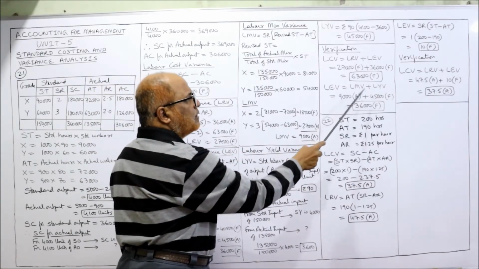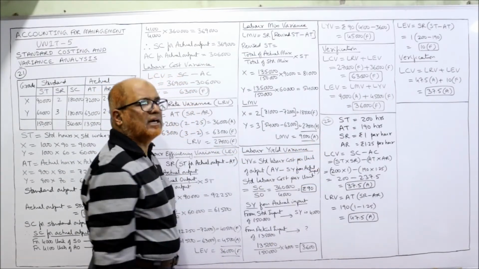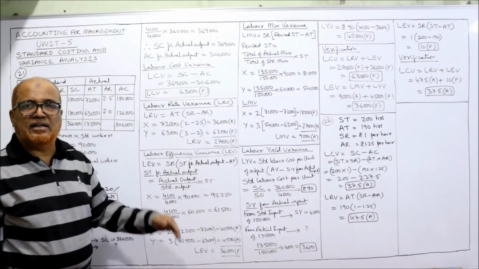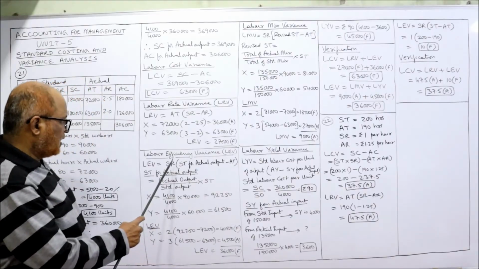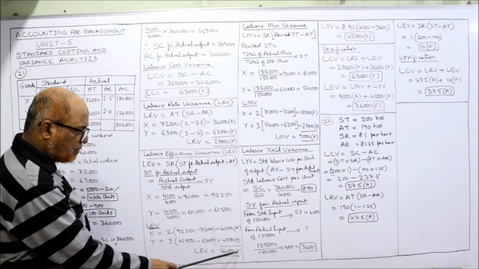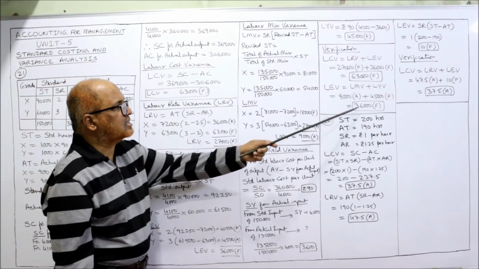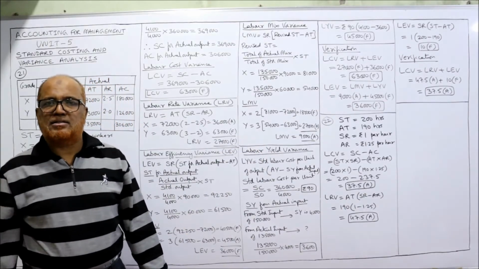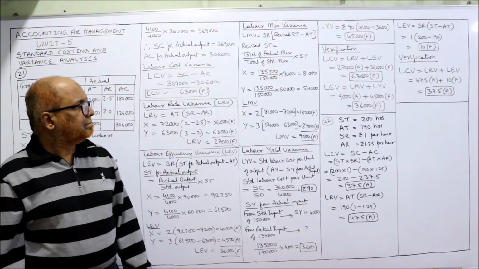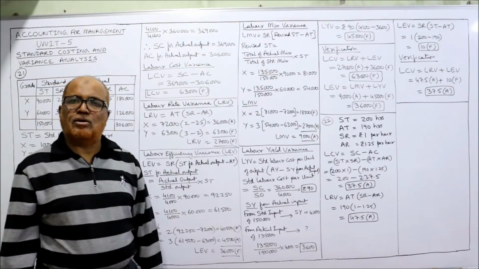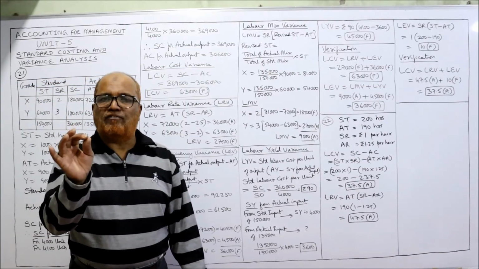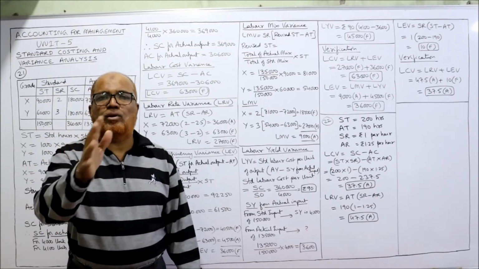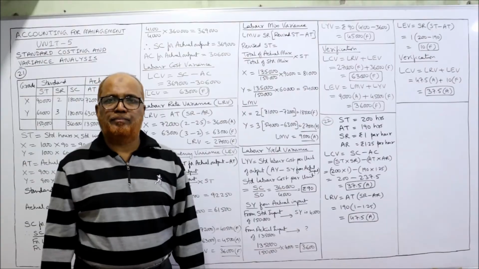So 45,000 minus 9,000 will get 36,000 favorable. Now see whether efficiency variance is 36,000 favorable or not. Here, LEV is 36,000 favorable. That means our calculations are perfectly correct. We are confirmed regarding all the 5 variances. That's all. So this is a little bit tough problem. I suggest you watch the video twice, thrice, then only you will be able to understand this problem.